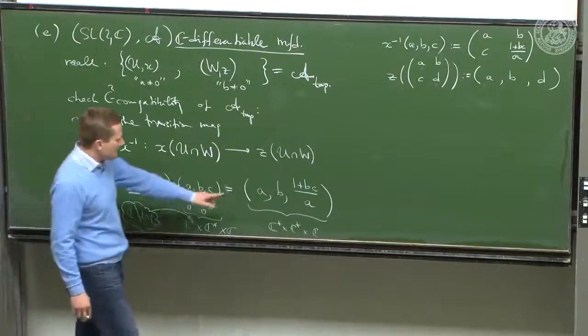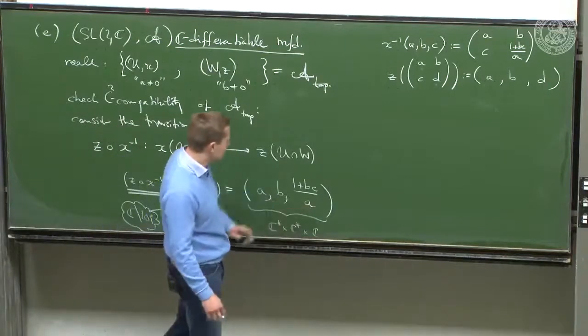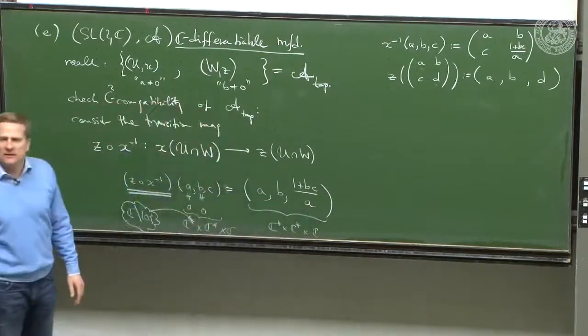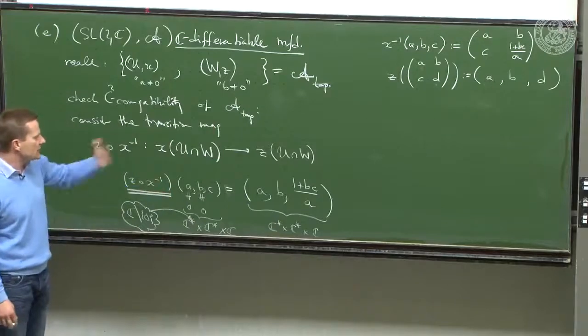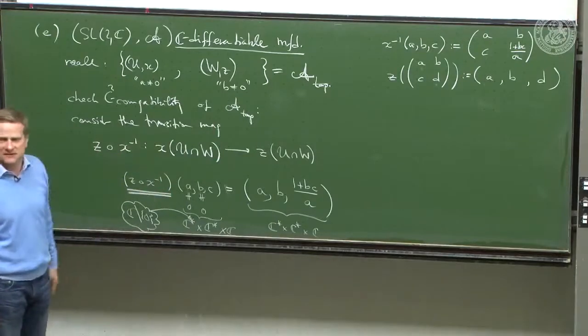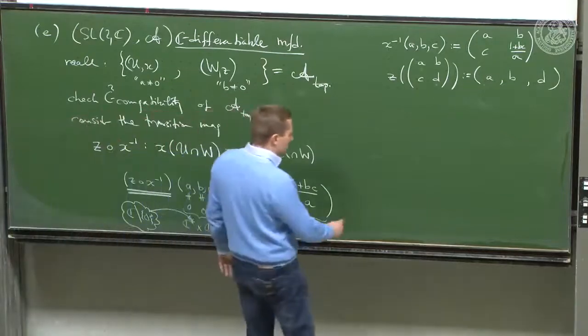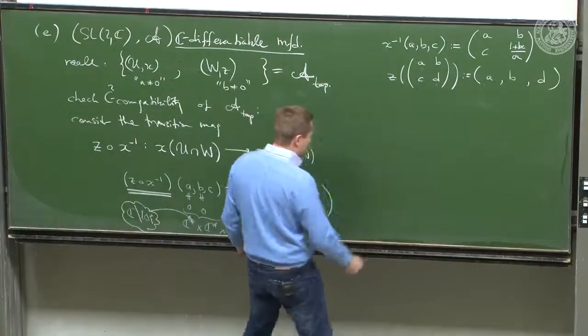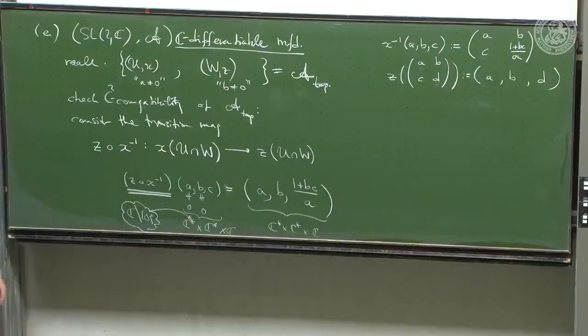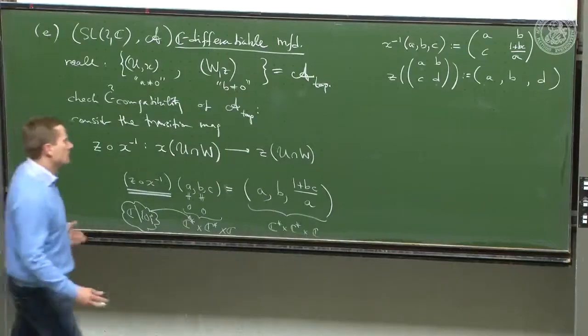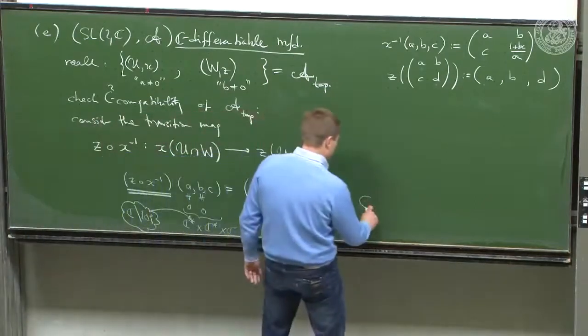Because the A here cannot be 0, this is certainly differentiable once, and you can check it's differentiable 2, 3, 4 times, and so on. So this map is arbitrarily often complex differentiable, and we just call it C differentiable.